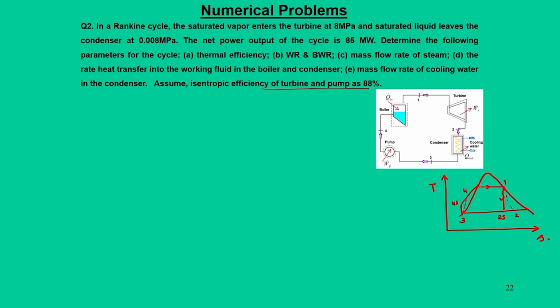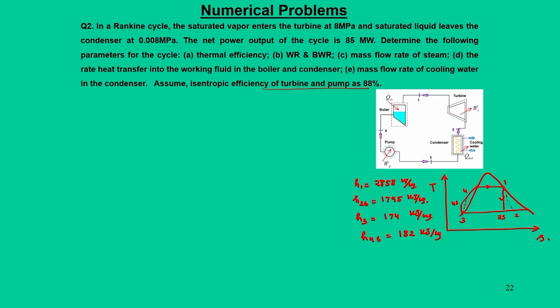So, the rest of the things remain the same. We can extract all the data as H1 as 2758 kilojoule per kg, H2S is equal to 1795 kilojoule per kg. These informations are already there in the previous example. H3 is 174 kilojoule per kg, H4S is 182 kilojoule per kg.